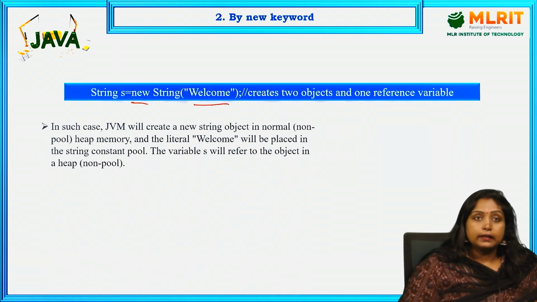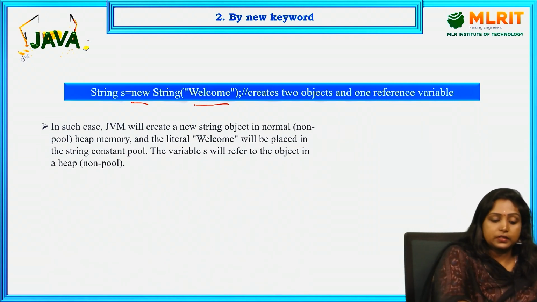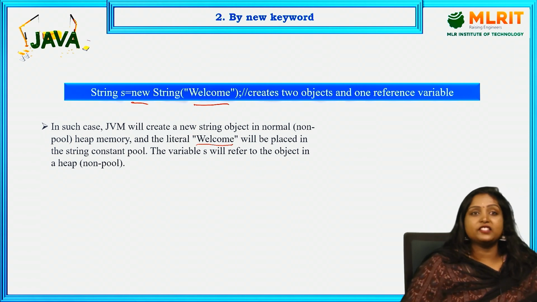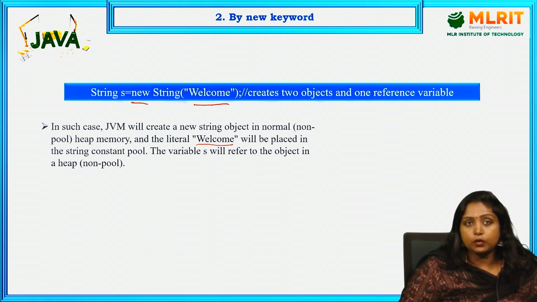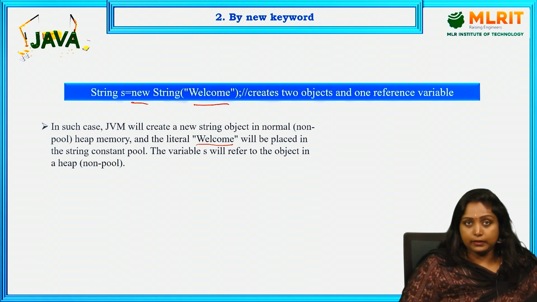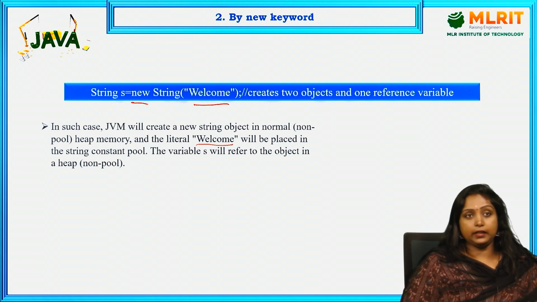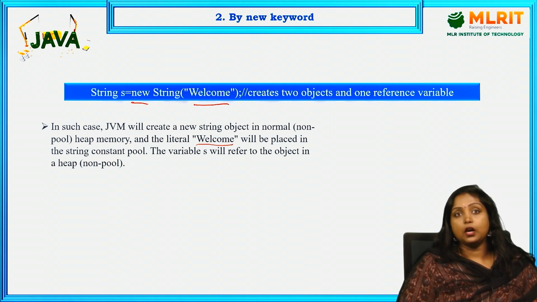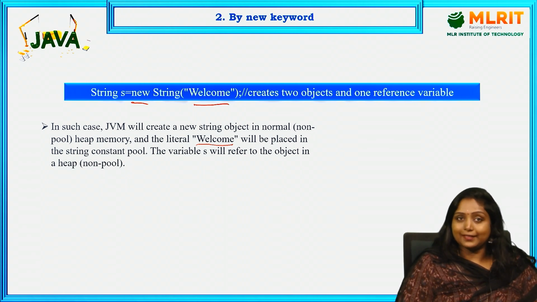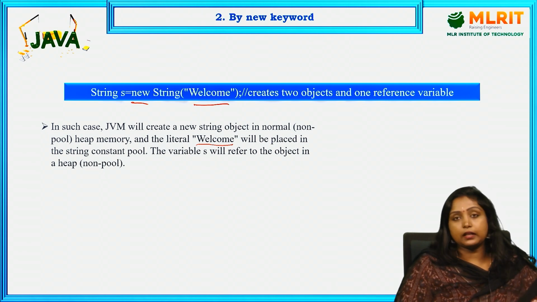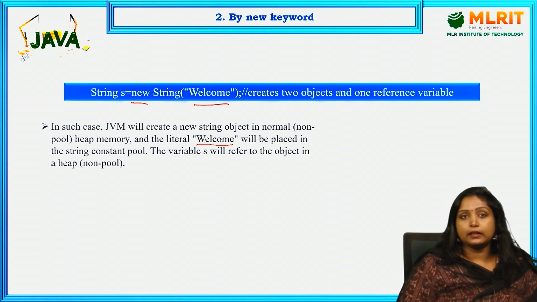The welcome will be placed in the string constant pool, and this variable refers to the object in the heap. If you create a new object with the same name, it will refer to the same data, the same memory where it was allocated.